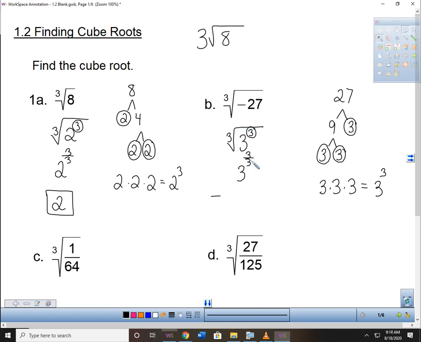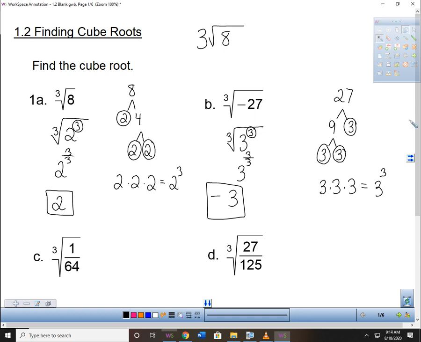So this would be 3 to the first, which is just 3. So the answer is -3.